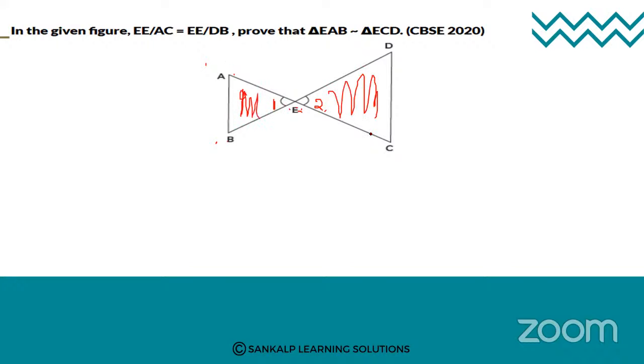Therefore, in triangle EAB and triangle ECD, EA divided by EC, and EB divided by ED. So these two are corresponding sides. EA divided by EC is equal to EB divided by ED.